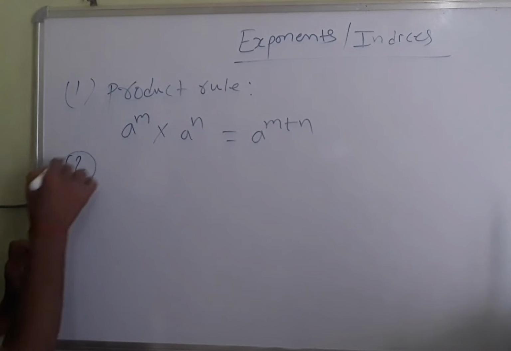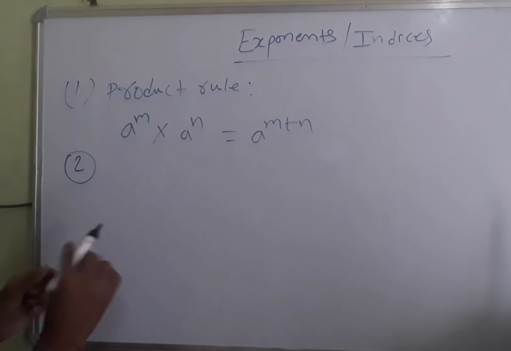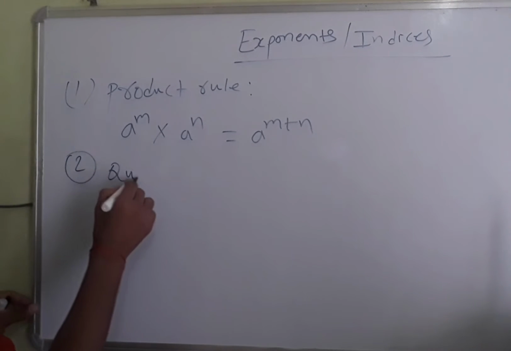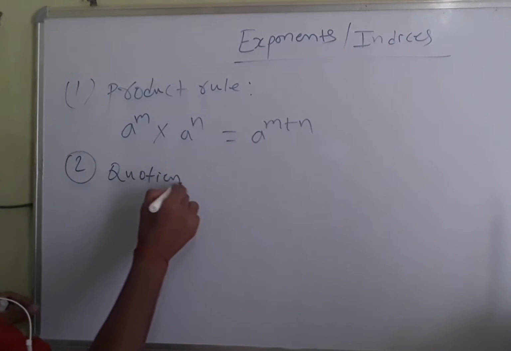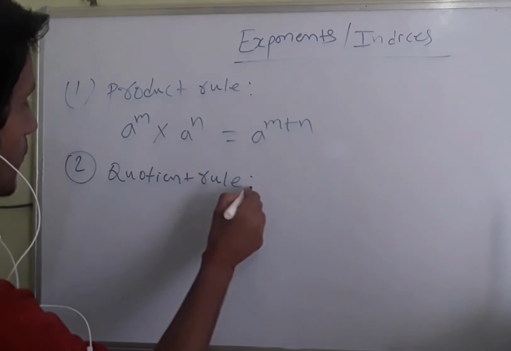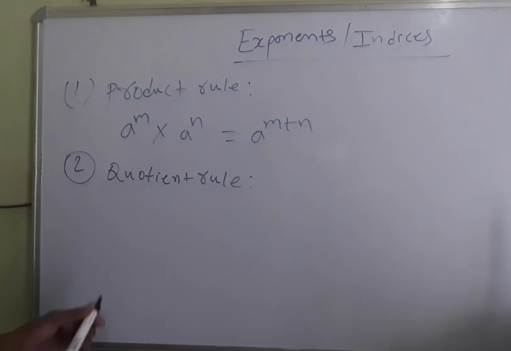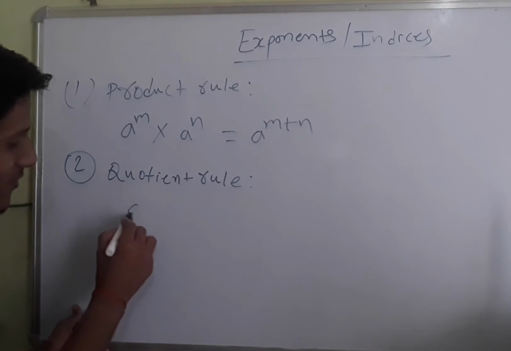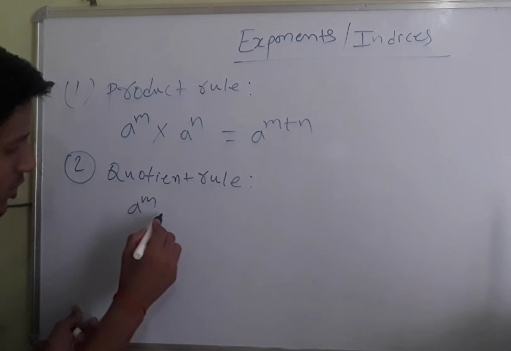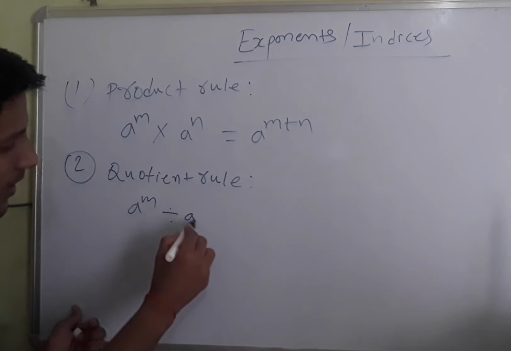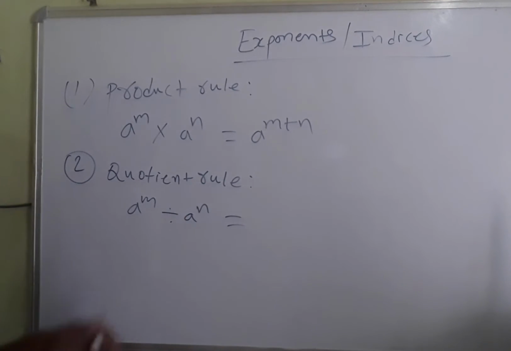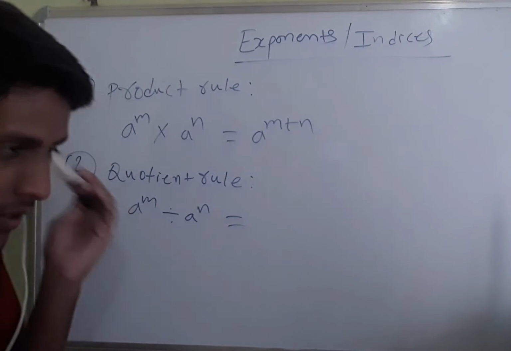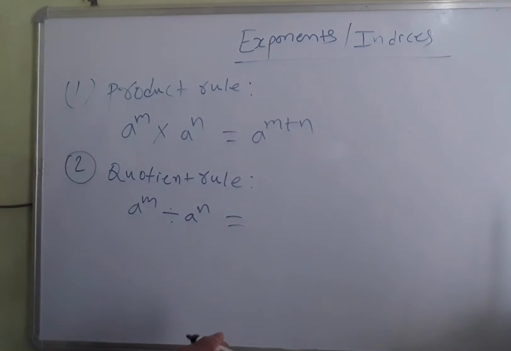Second is the quotient rule. So what does the quotient rule of exponents state? When you have, let's say, a to the power m divided by a to the power n, the quotient rule states the opposite of the product rule.